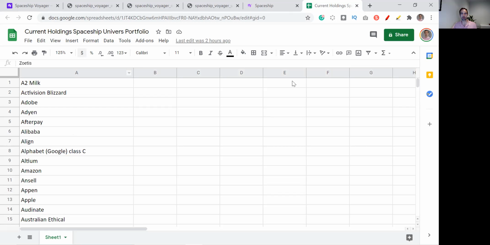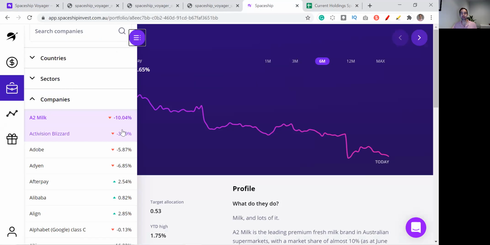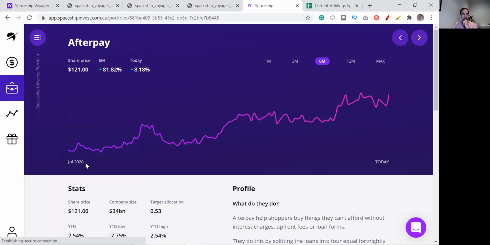And going back to the list of individual holdings and going through just a couple examples that have delivered a very positive performance. We also look at some examples like A2 Milk that was not very positive. But I think more interesting is to see how well diversified they are, what their greatest contribution were to the great performance. And one that's certainly here up at the top is Afterpay.